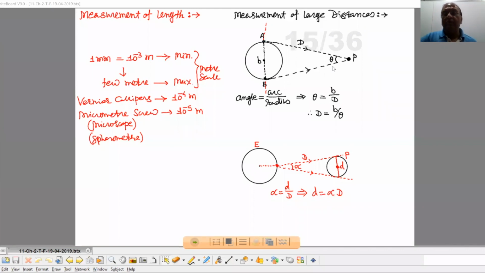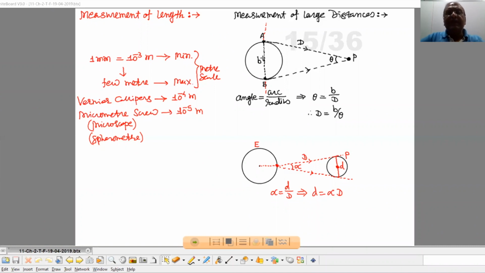Now we already discussed that angle is arc upon radius. If we imagine a circle, a large circle will be formed by taking the planet P as the center, and this base on the circumference of the circle will be a very small part, because the distance between the earth and the planet is too large compared to this distance.